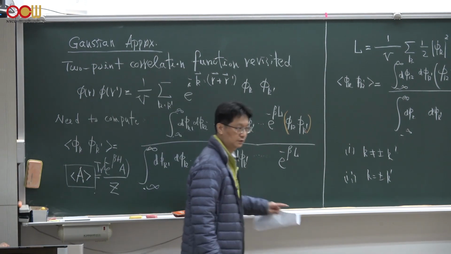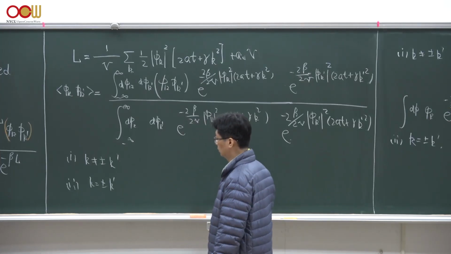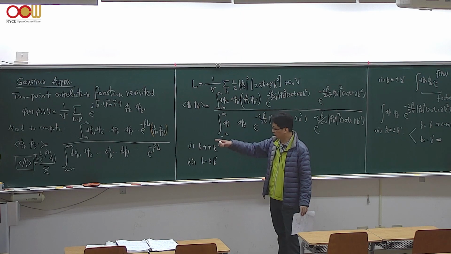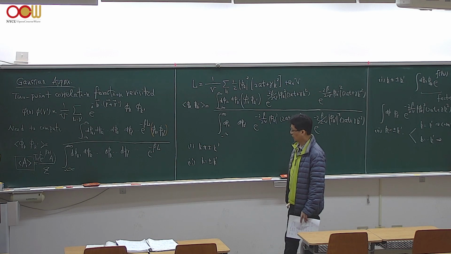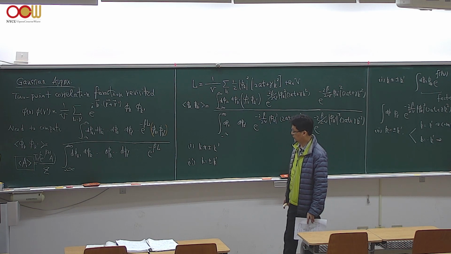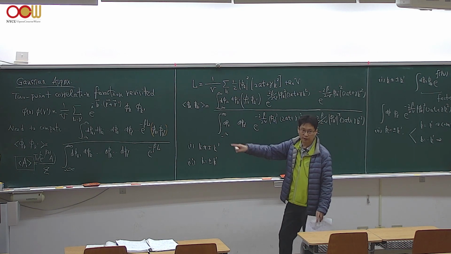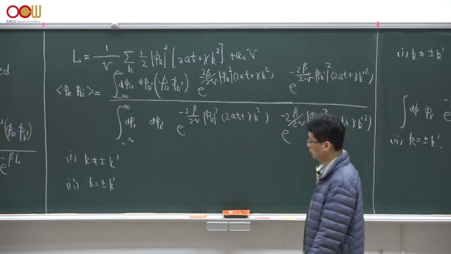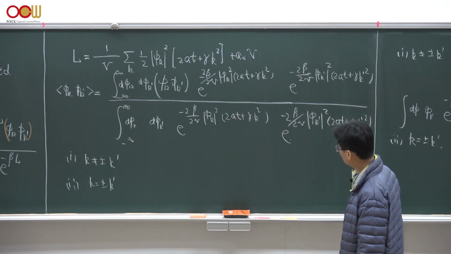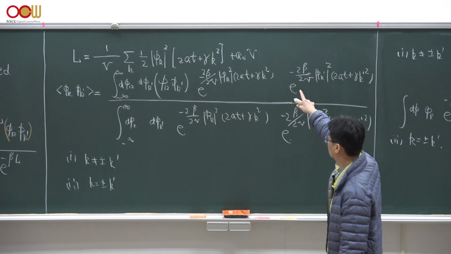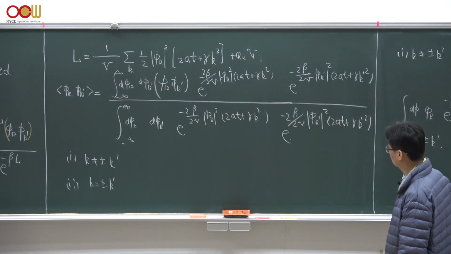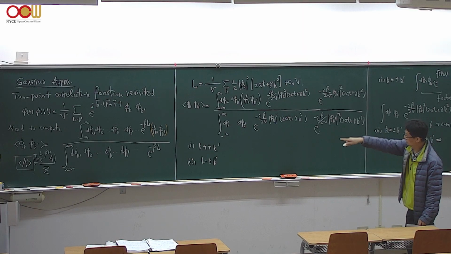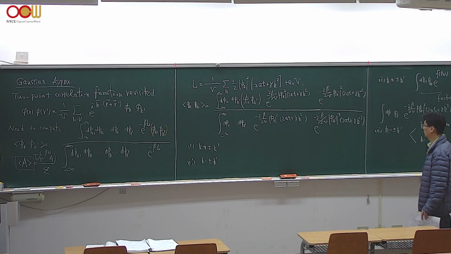So the denominator is nothing but a trace of e to the minus beta H, where H is actually this Landau's free energy functional, and the numerator is the trace of e to the minus beta H times A, where A is some statistical observable. Now we simply plug in this Landau's free energy functional in k-space into the definition of this phi-phi correlator.